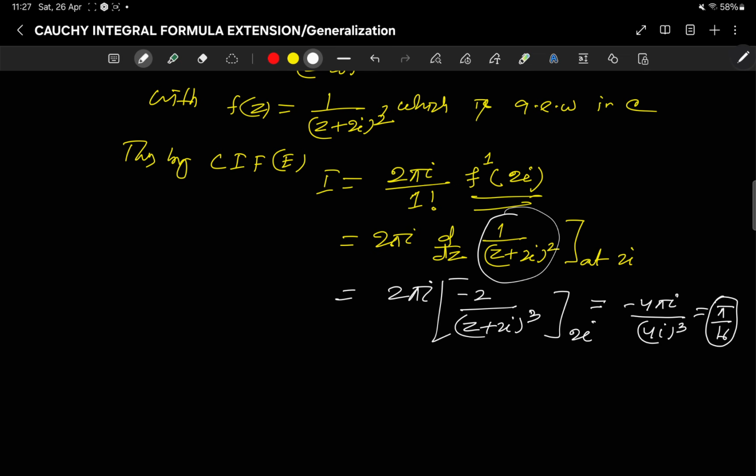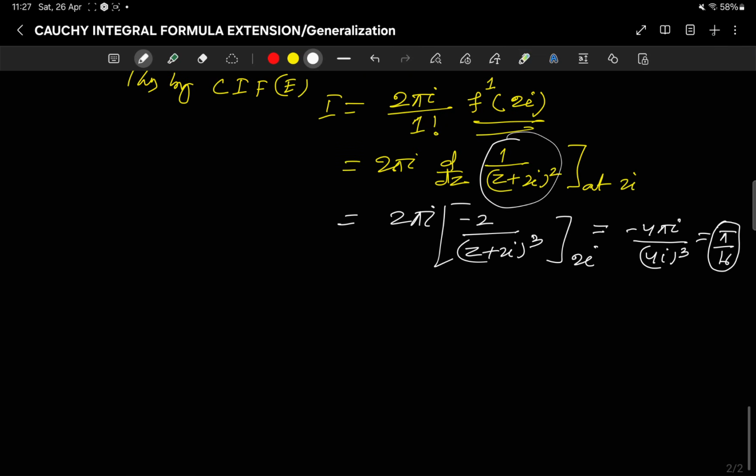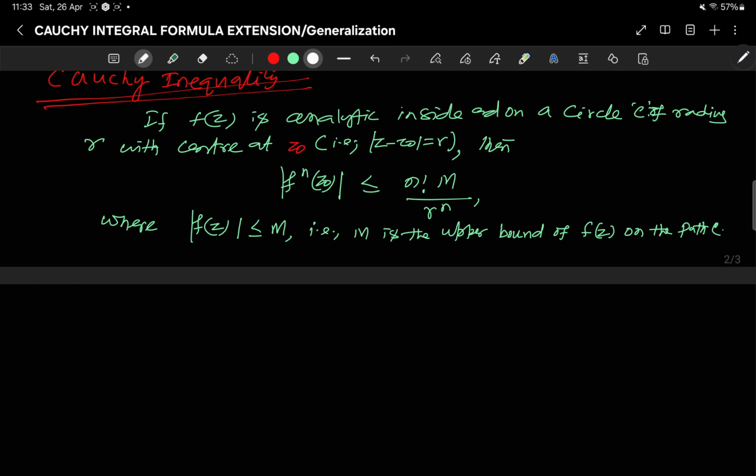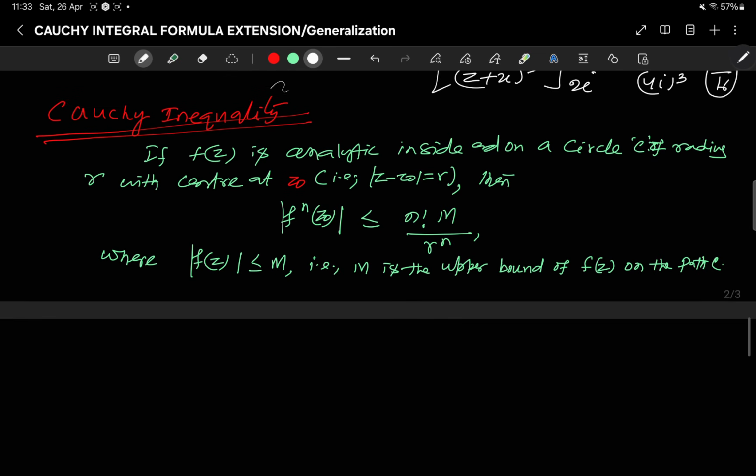Now let us discuss the Cauchy inequality and the ML inequality. Now coming to the Cauchy inequality, let f(z) be analytic inside and on a circle C of radius r and center at z0.